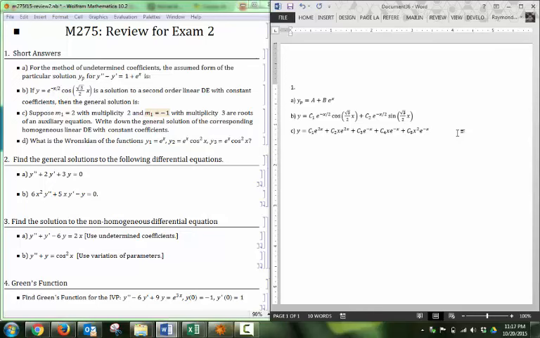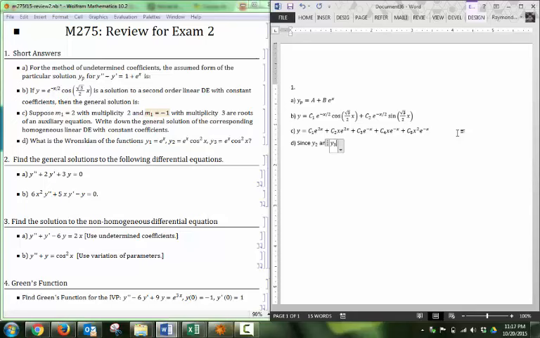Alright, the last one, what is the Wronskian of the three functions? We have e to the x, cosine squared x, and e to the x cosine squared x. Well, it looks like y2 and y3 are linearly independent, or linearly dependent, sorry.